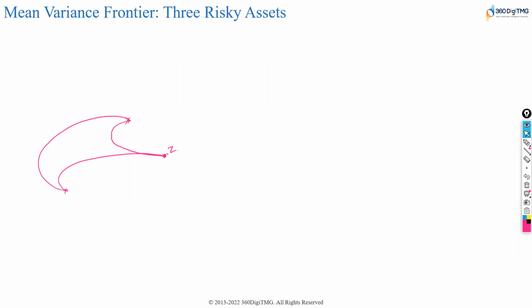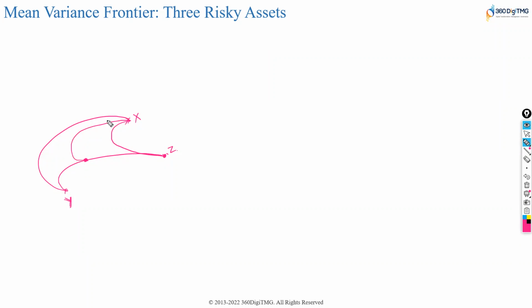So if you have these three assets, X, Y, and Z, these are, say, three risky assets. Using these three, you can come up with umpteen number of more portfolios. You can say, let me choose a portfolio here. And then let me connect with this.